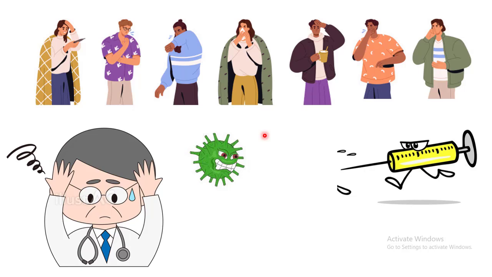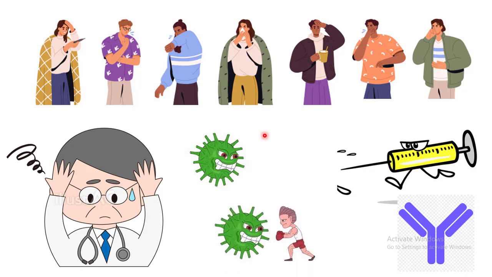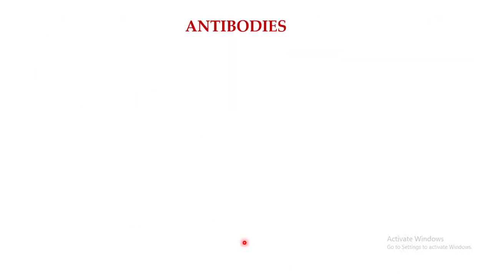When the vaccine is given to the population, the people now produce antibodies. These antibodies give strength to the people to fight this deadly virus, thereby neutralizing it, and the population is getting healthy. So what are these antibodies? Let us see the structure of this antibody.